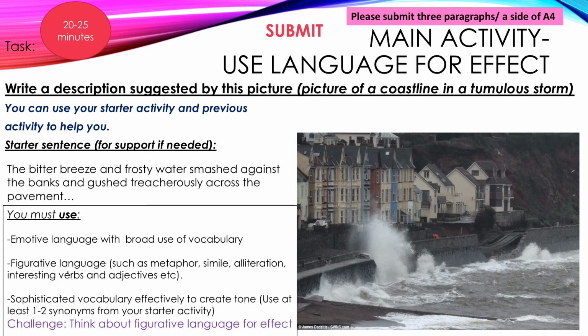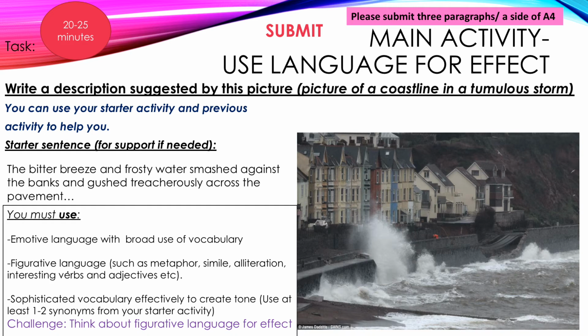I've got some starter sentences here. If you need support, you don't need to use a starter sentence, but it's here to help you. So: the bitter breeze and frosty water smashed against the banks and gushed treacherously across the pavement. Okay, so we've got our lovely adjective there, bitter breeze. We've got the alliterative B of bitter and breeze.